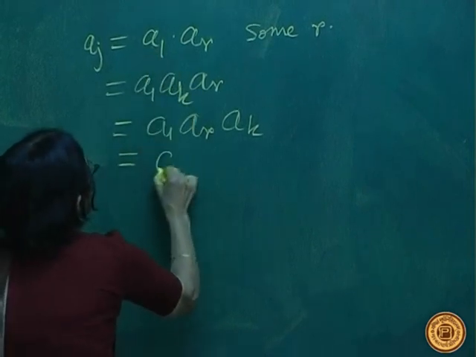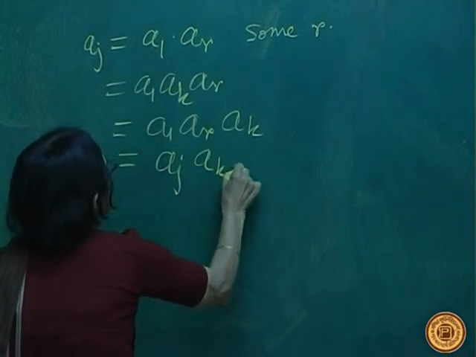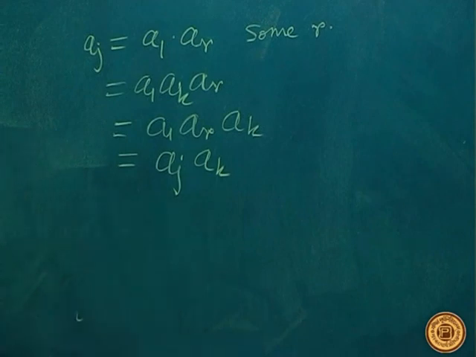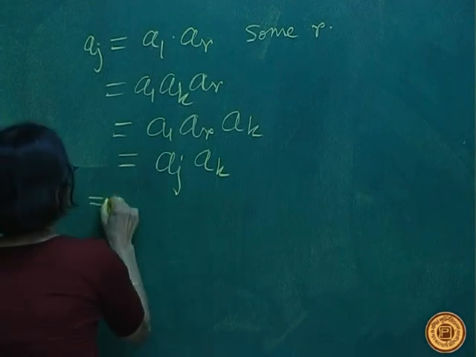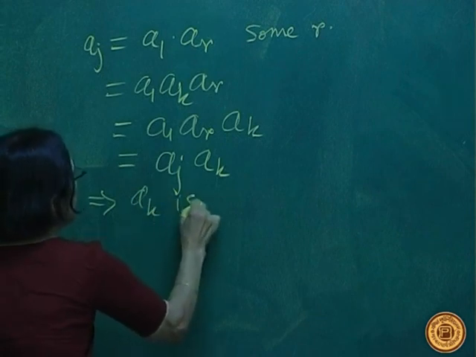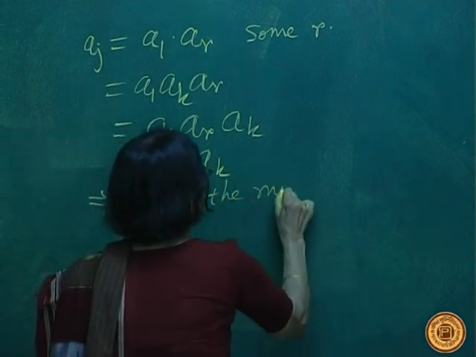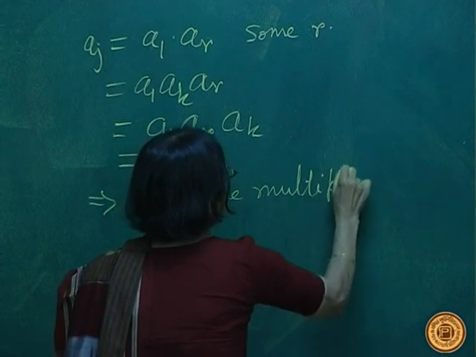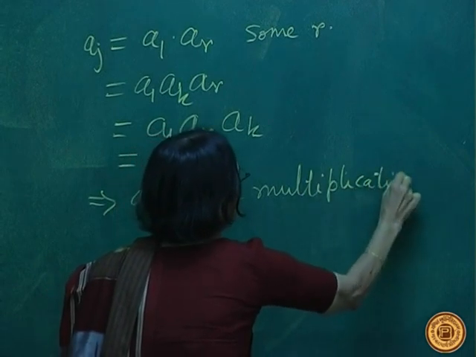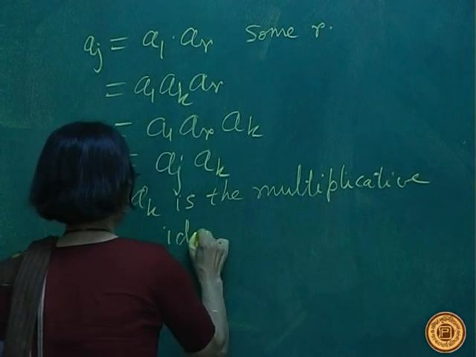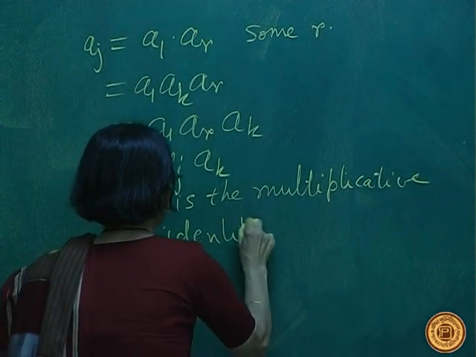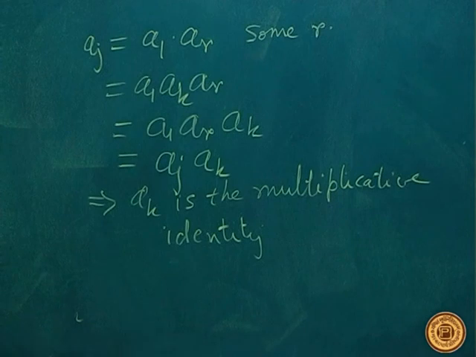A1 AR is still AJ. So what have we got? For any other J bigger than 1, AJ is equal to AJ AK. What does this mean? This implies that AK is the multiplicative identity. We have found the multiplicative identity and R has that identity.